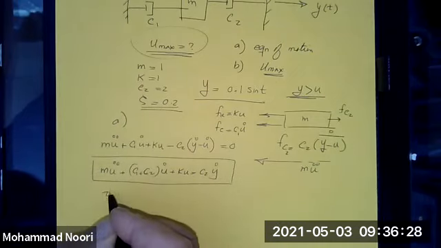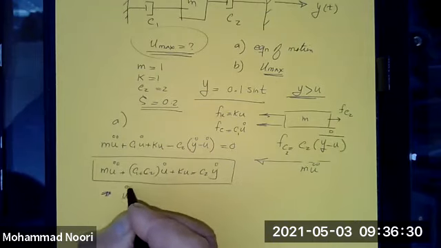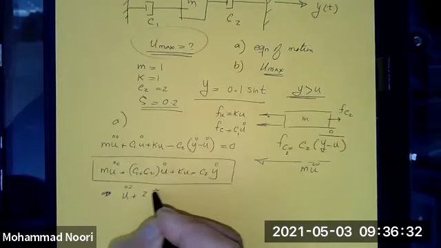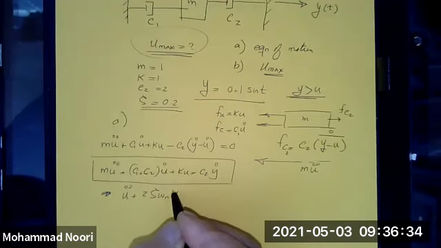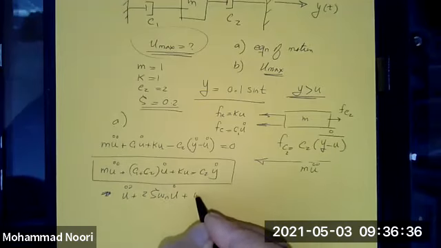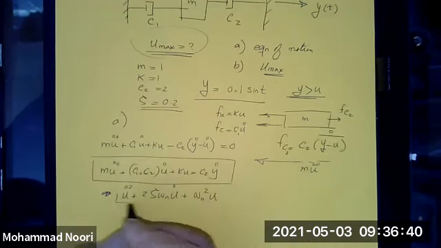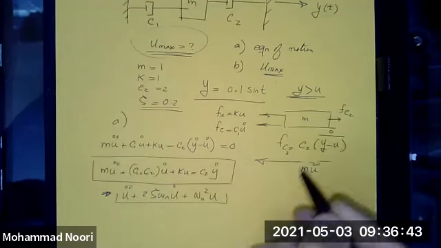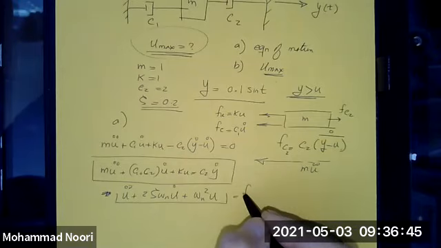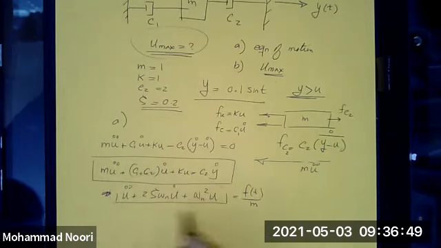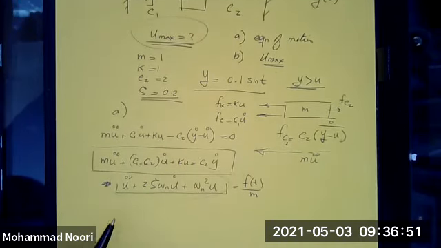You remember we had u double dot plus 2 zeta omega n u dot plus omega n squared u. That was the left-hand side. If you had some force on the other side, you just divide it by m. So let's write that equation in terms of these quantities.